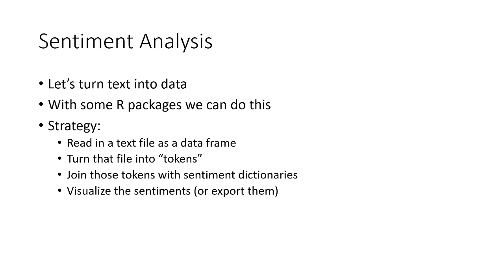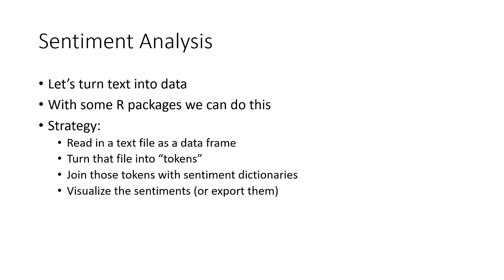Our strategy is this. We're going to read in our text file. We'll take an article, convert it into a text file, then read that text file into a data frame. Then we're going to break it up into what are called tokens. In other words, we take the article and get all the words out of it.